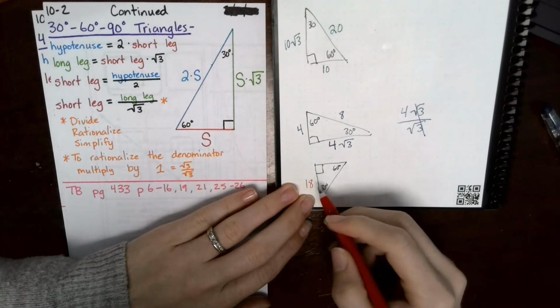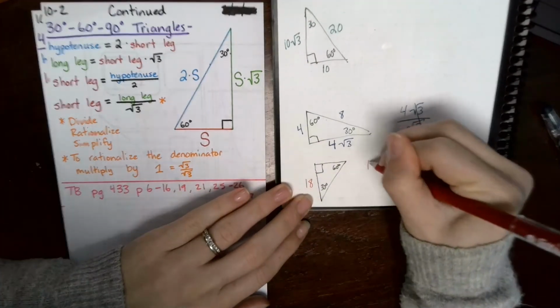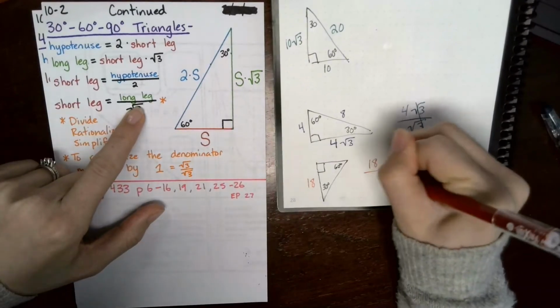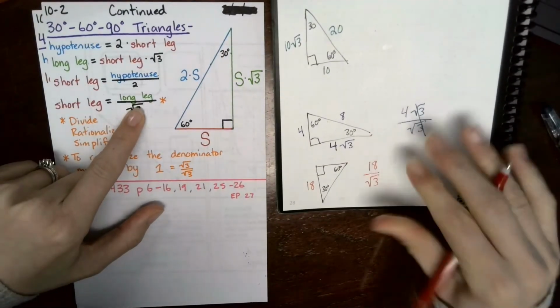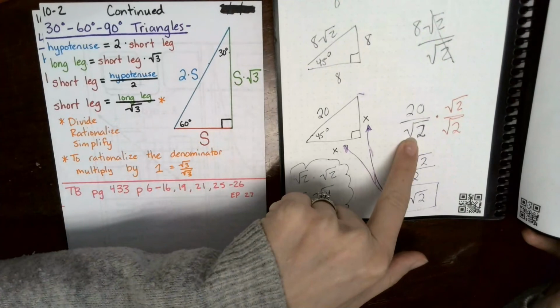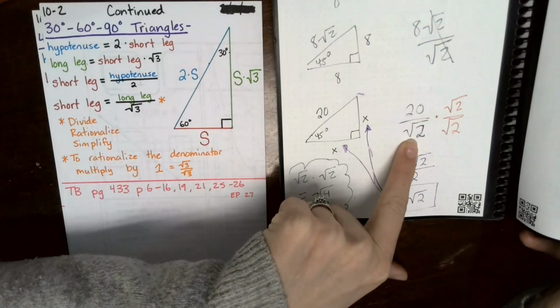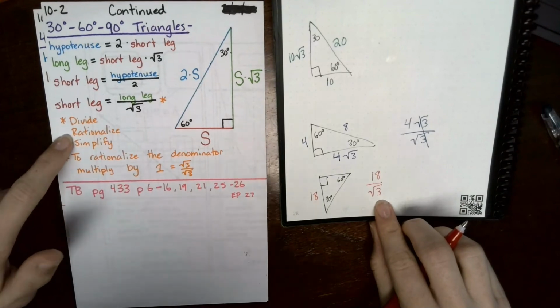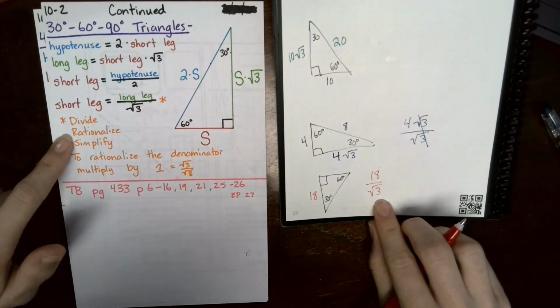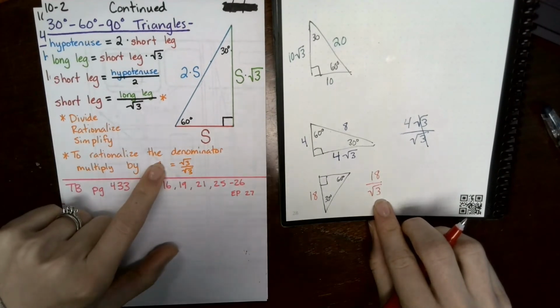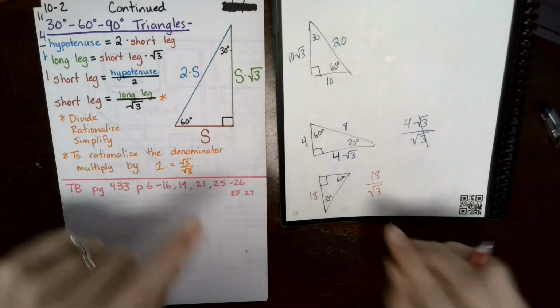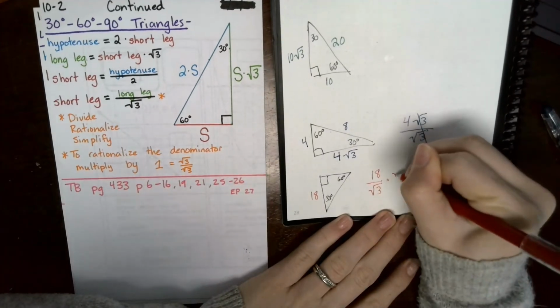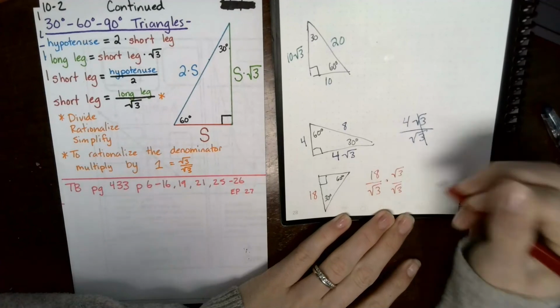This is our long leg, so in order to do that, we have to divide by the square root of 3. And we end up with the same problem that we did in 45, 45, 90. So we end up with a square root in the denominator, which means we have to rationalize. This time, we're choosing our one even more smart. We're not using square root of 2 over square root of 2. We're using square root of 3 over square root of 3. Okay?